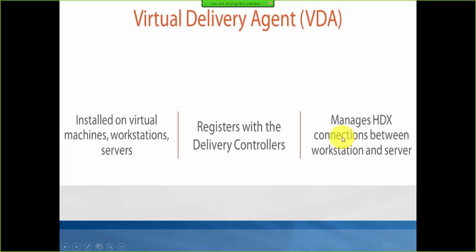Of course, this also requires some policies to be enabled for HDX or high definition video streaming, wherever the users are doing that from. But anyway, VDA is installed on servers, workstations, on virtual machines, and it keeps in contact with the Citrix environment, and plays a major role in giving some high def videos.